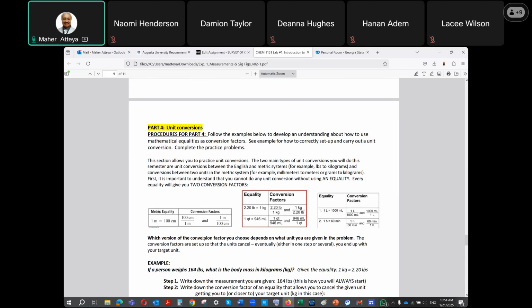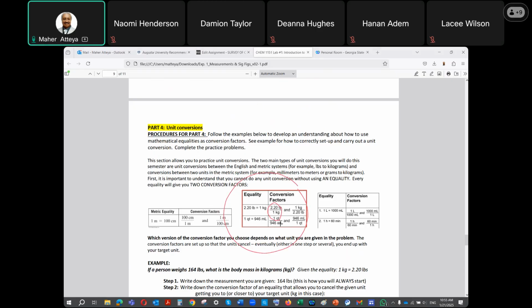So with this in mind, make sure that you understand how to cancel units and use conversion factors. For example, look at this one here. 1 kilogram has 2.2 pounds. An important relationship you have to know. That is for the mass.